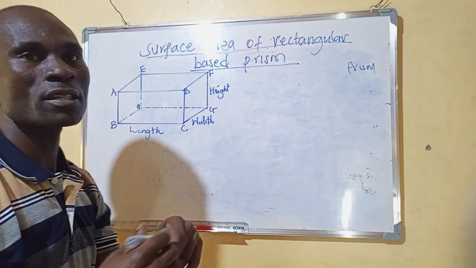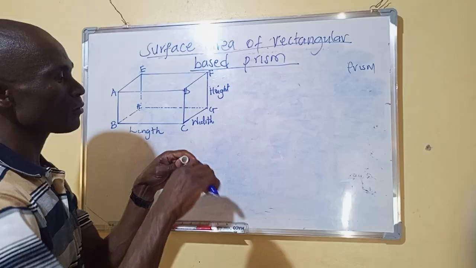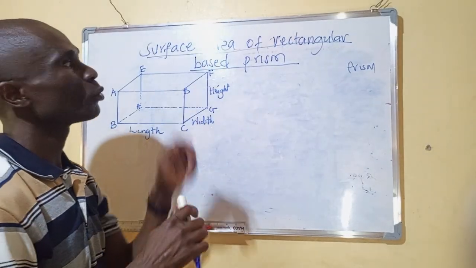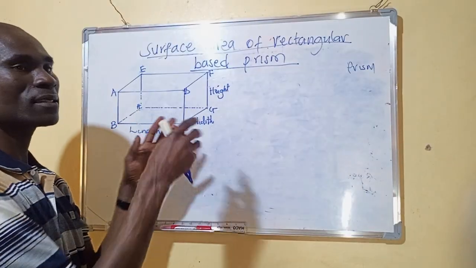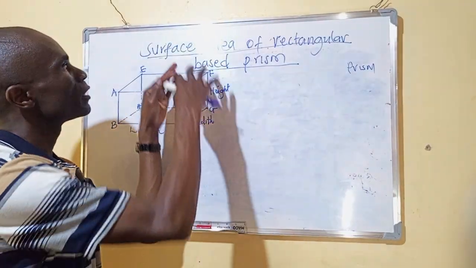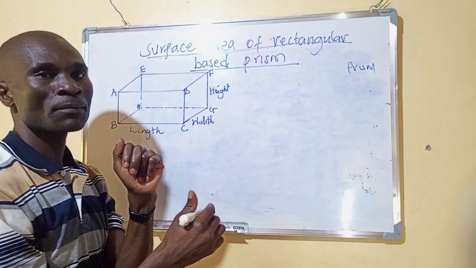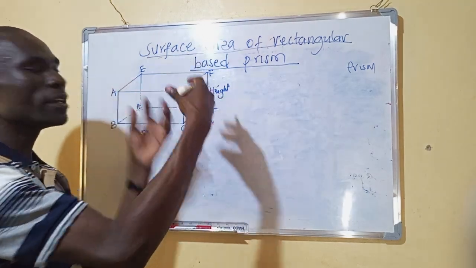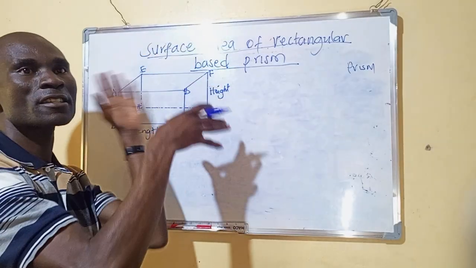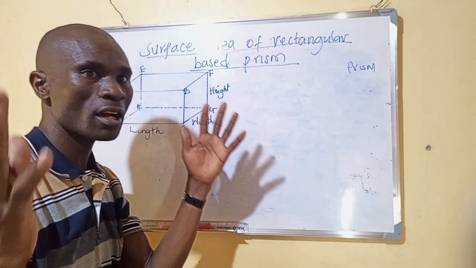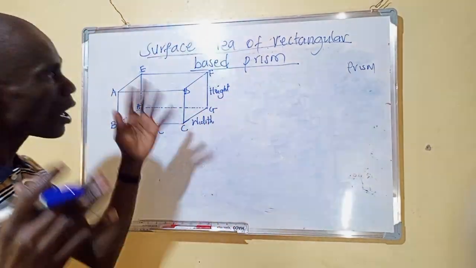So if we have to get the area of a solid prism like this one, which is rectangular based in nature, the base means the lower part is the foundation of the whole figure. The whole figure is standing on a base. The base is rectangular, therefore the whole structure will be rectangular in nature. So how do we get the area?